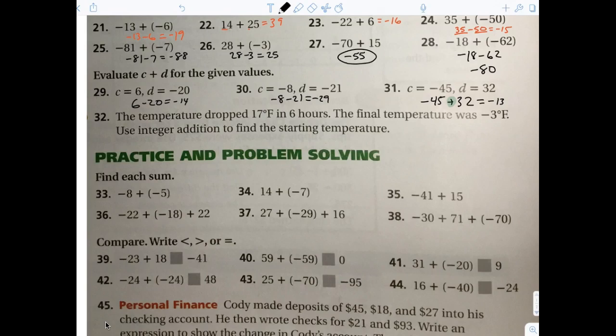Come on. You're at negative 3 and you drop 17 degrees. What would the temperature outside be? Oh, okay. Negative 20. Yay, good job.